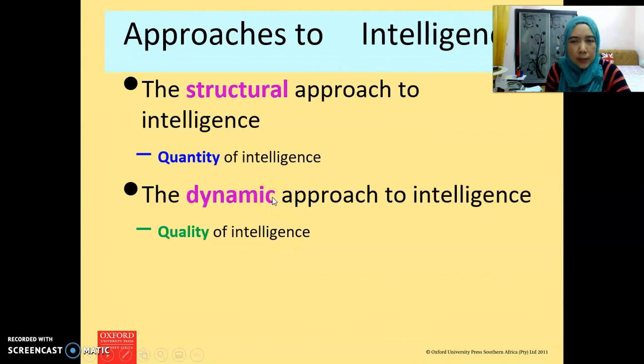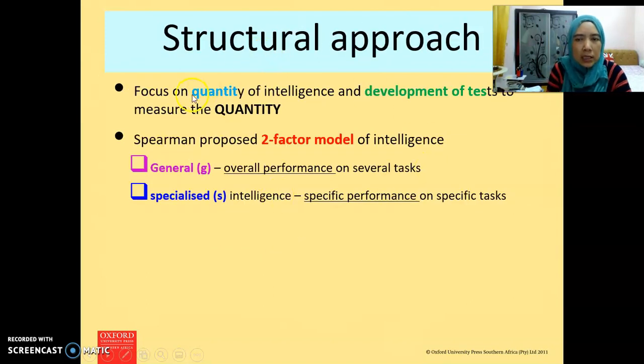The structural approach focuses on the quantity of intelligence and on developing tests to measure that quantity. Because it focuses only on quantity, it is important to come up with tests to measure it.